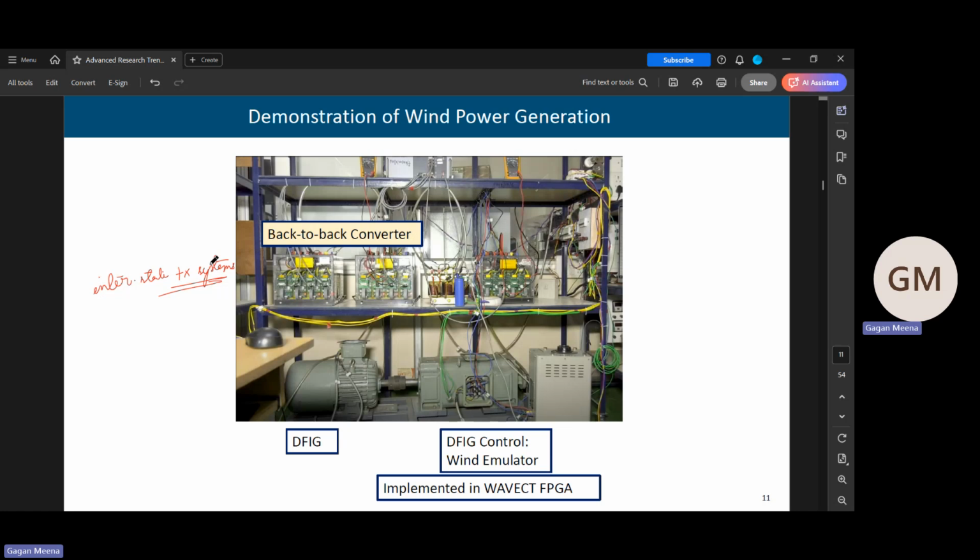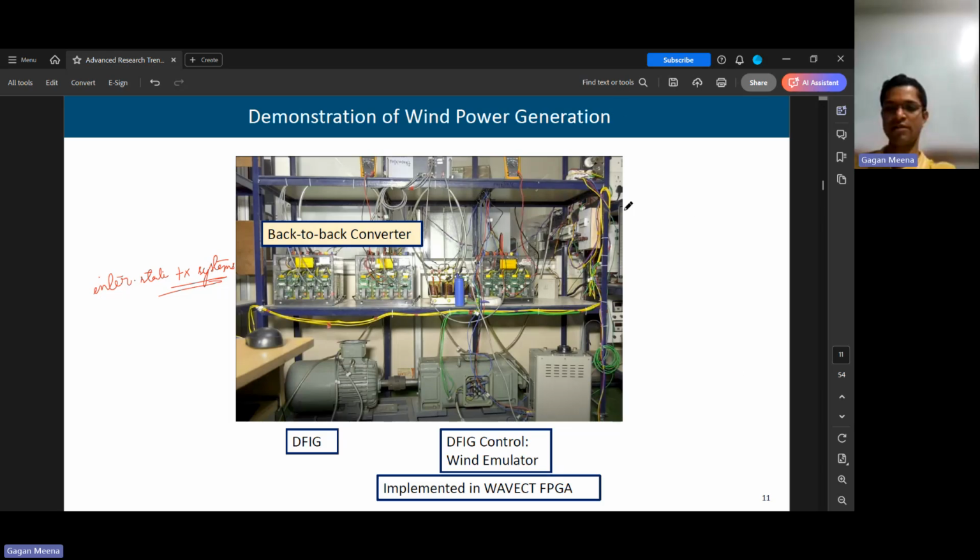All these things need to be taken care of first. That is why, first of all, simulation is done on a small scale, then hardware analysis is also carried out, so that we can become fully certain that yes, this will work.